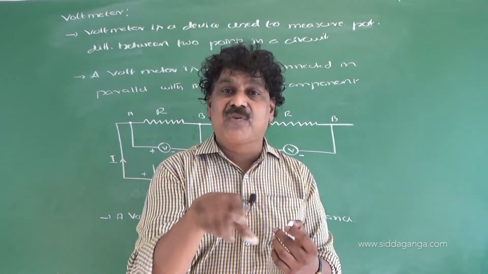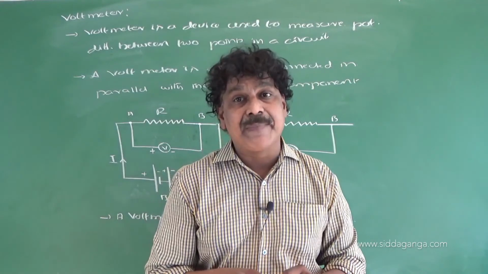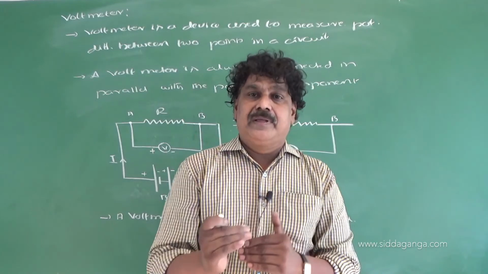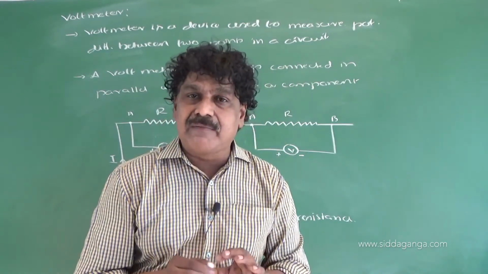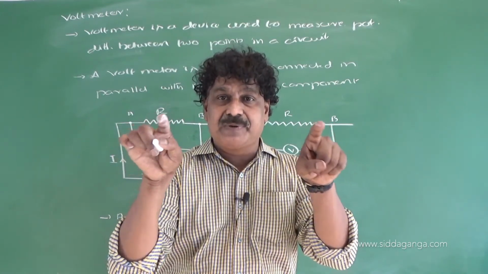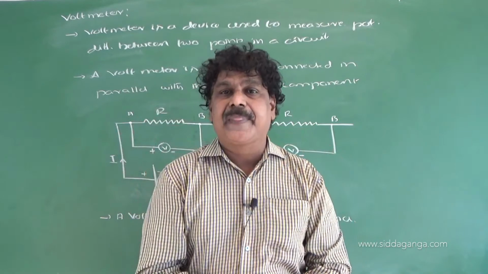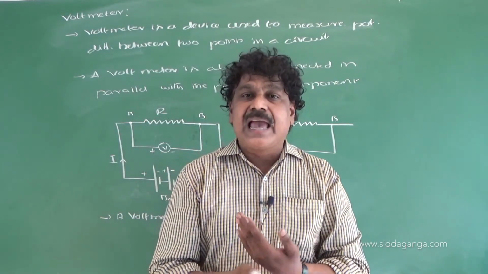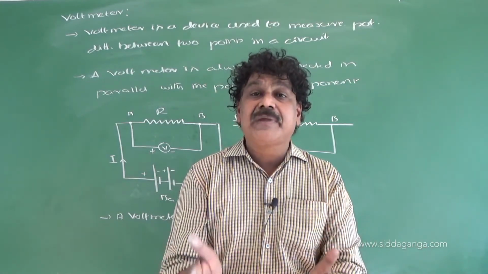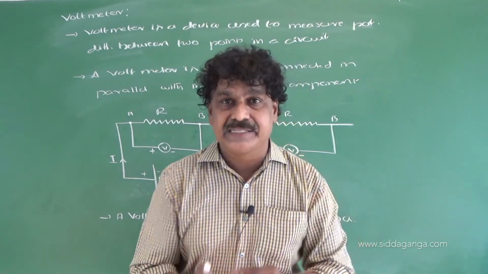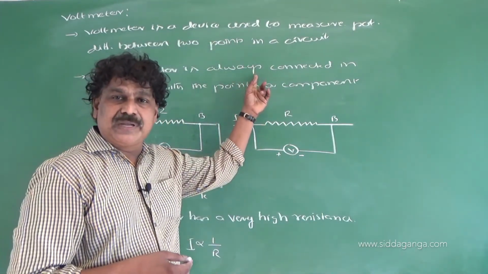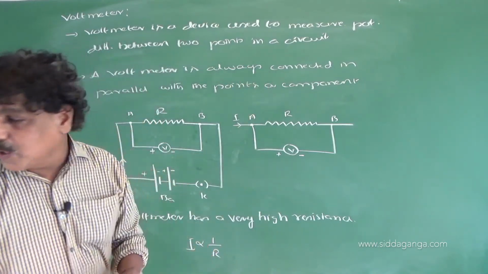That means same current flows through circuit as well as ammeter. And the third one, voltmeter is always connected in parallel because it has to measure potential difference between any 2 points, right? And regarding resistance, an ammeter has very low resistance and a voltmeter has a very high resistance, right? Now these are the measuring devices: the device used to measure current and the device used to measure voltage.